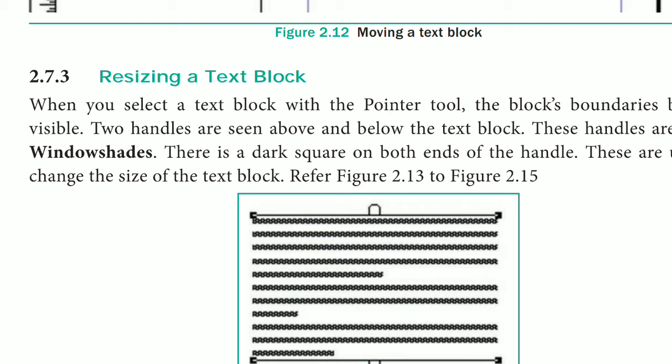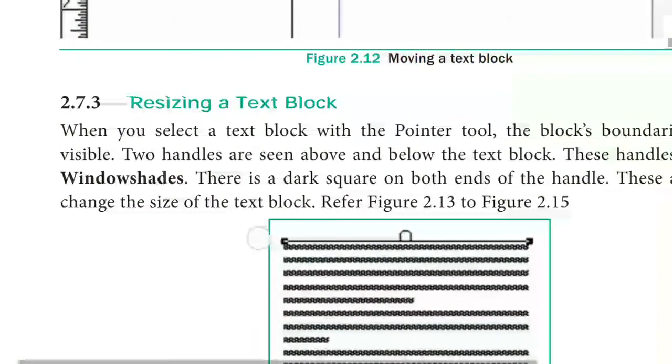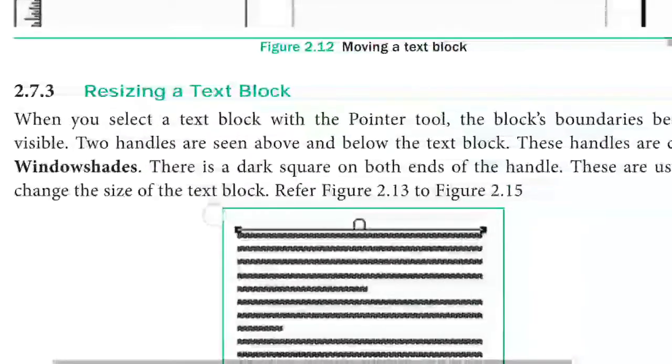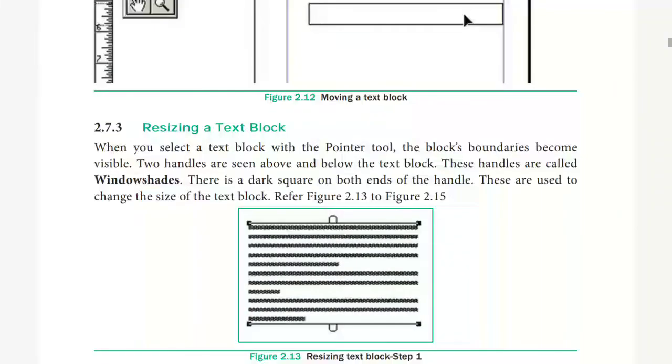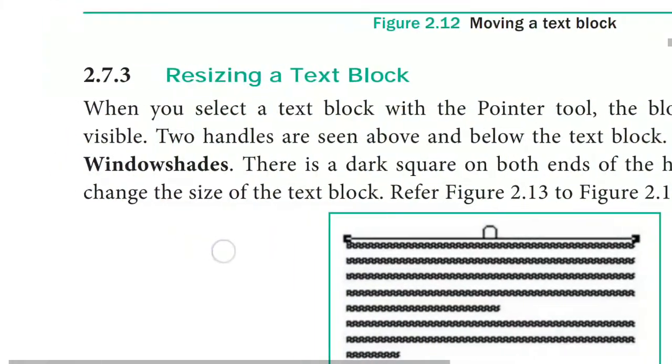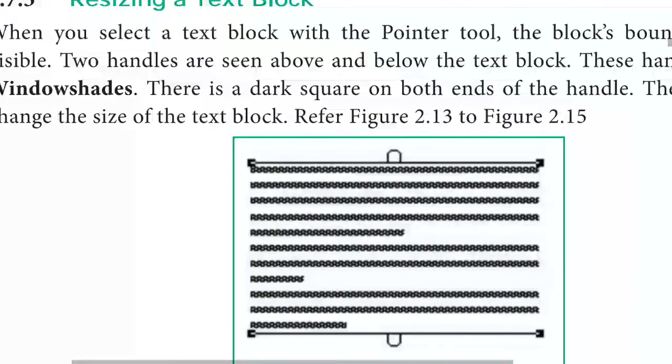Next is resizing a text block. You can resize it using the window shades, which are the small dark blocks, black in color, available at the four corners. You can use the pointer tool to resize the shape of the text block.